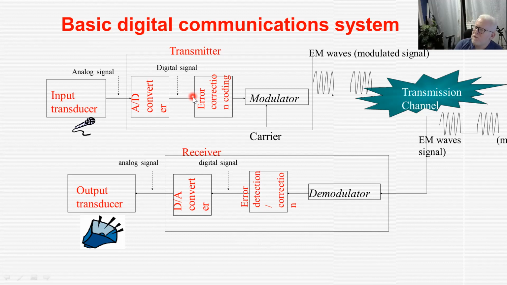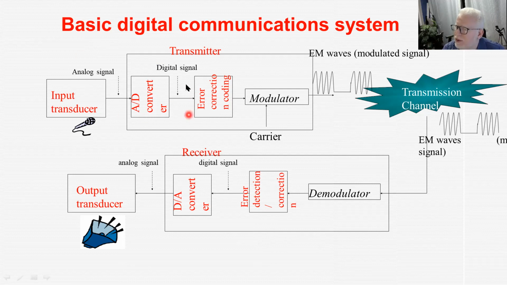That's all. So the output is an analog signal, but I need to make it digital. I mean digital channels like what we already have now on our satellite, or maybe even on our local TV. So to make such digital channels, you need this analog to digital conversion here.